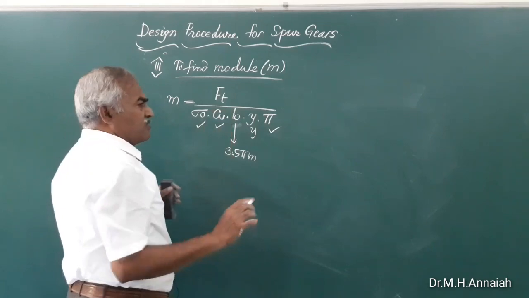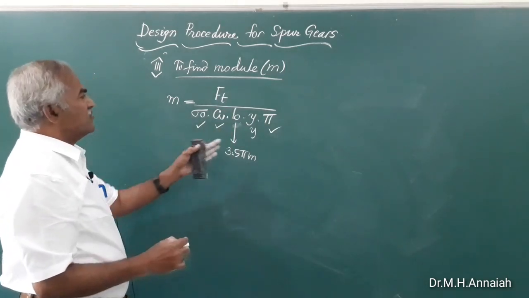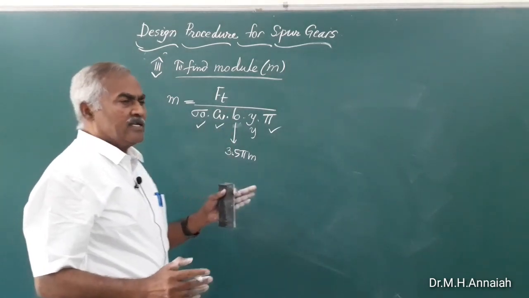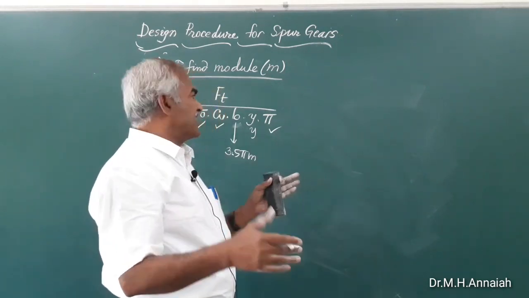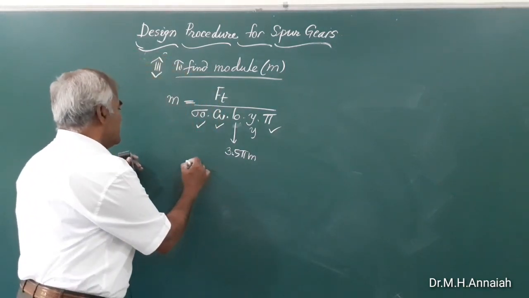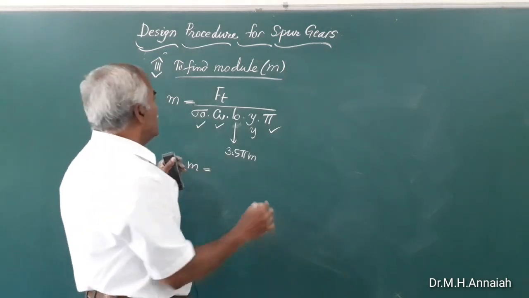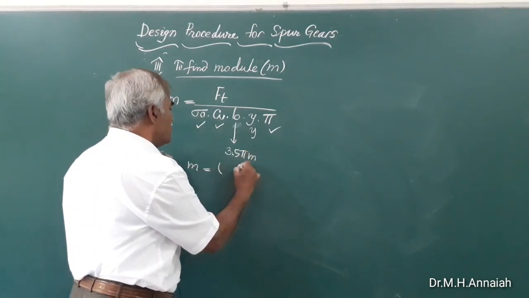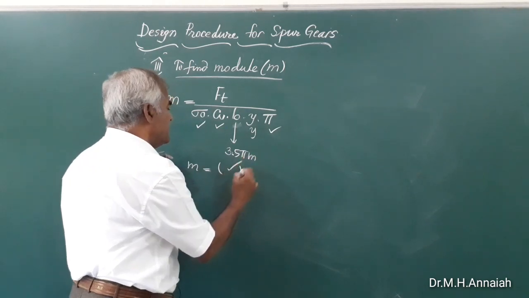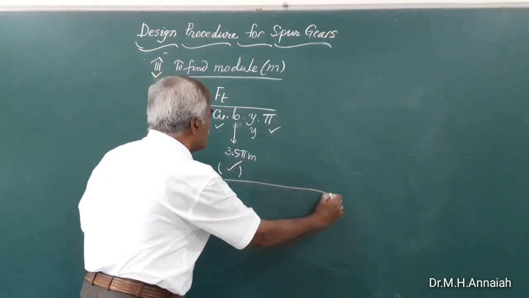So, in this formula, friends, let us see what are the values known and to what form it finally turns out to. Friends, m is module, we do not know the value. Then this Ft, I told you, you have calculated that Ft since the diameter is known to us.